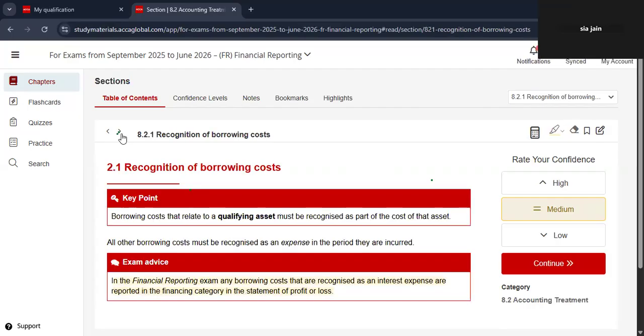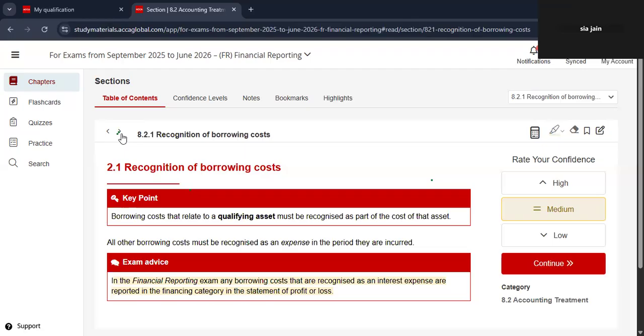Now, recognition of borrowing cost. This is the golden rule. If borrowing costs are related to a qualifying asset, you must capitalize them, add them to the asset's value. And if these costs are not for a qualifying asset, or if the asset is finished, then these costs are treated as a regular interest expense in the profit or loss statement. If it is a qualifying asset, it is compulsory.